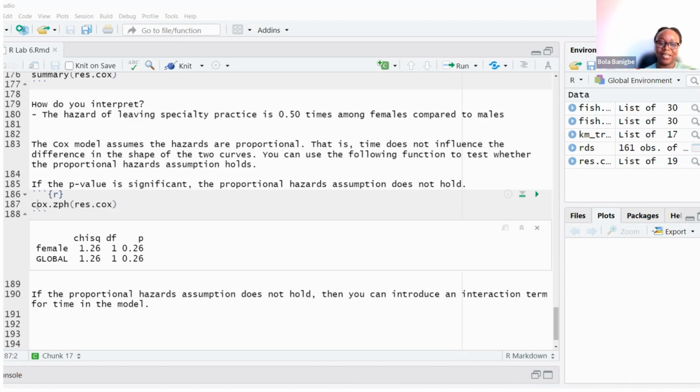Okay. So our null hypothesis is that the hazard ratios between the two groups are equal. It is the hypothesis of no difference.